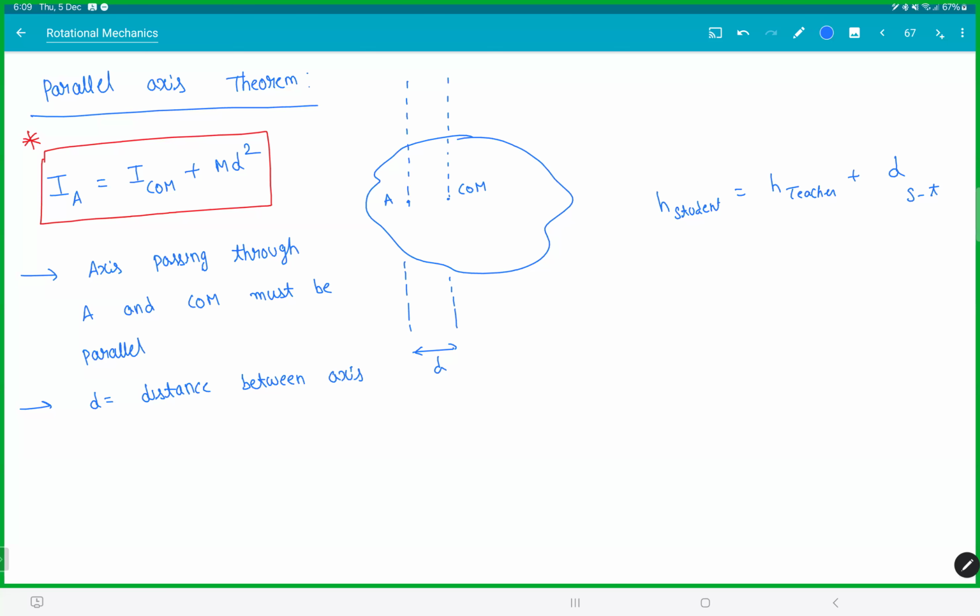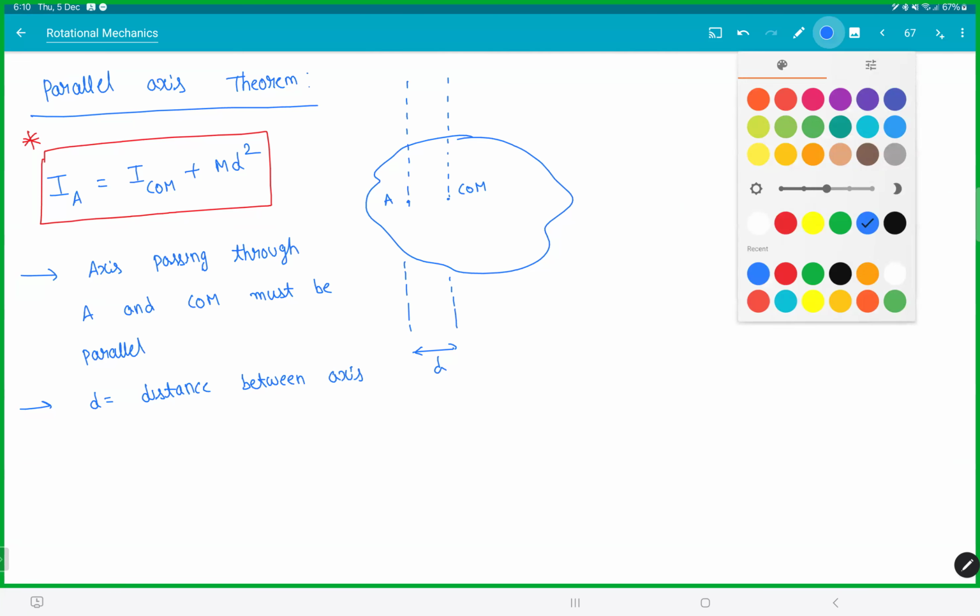Again, listen. The height of the student in the class is the height of the teacher plus the distance between the student and the teacher. Most of you got it. The teacher, because the height of everyone in the class is the teacher's height plus something. So the shortest person in the class is the teacher.